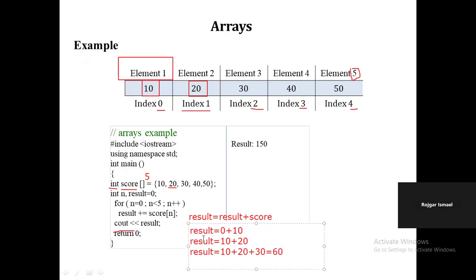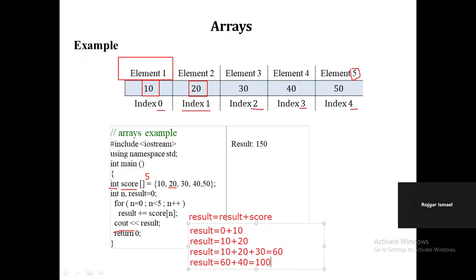If you continue the iteration, result equal to, let us say directly, the 60 of the previous iteration plus the fourth item, which is 40, equal to 100. Still the condition is not met.